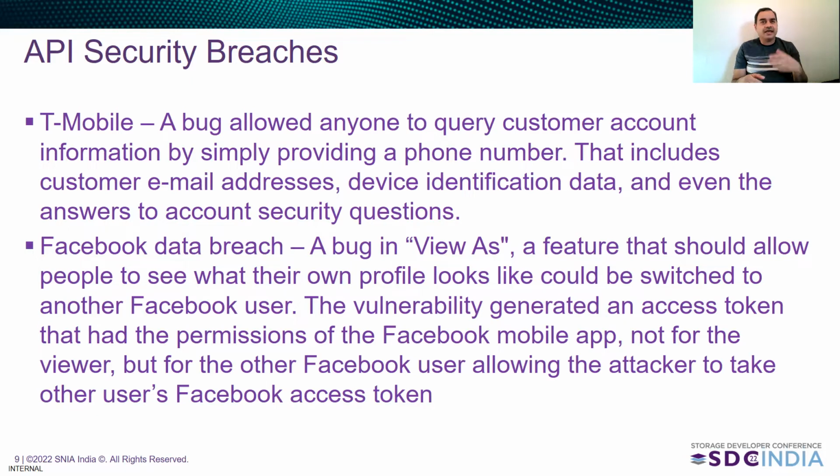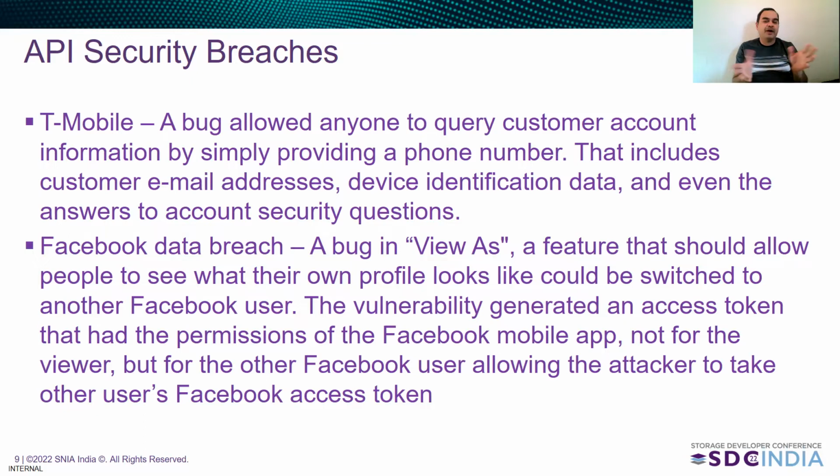There are some statistics, and I'll just give you ballpark numbers, but these statistics claim that 40% of organizations have had some kind of API security breach, right? A large number of organizations claim that they don't have any security built in specifically for APIs, and so on and so forth. So just to give you a flavor about what can go wrong if you don't look at API security, let's look into some examples.